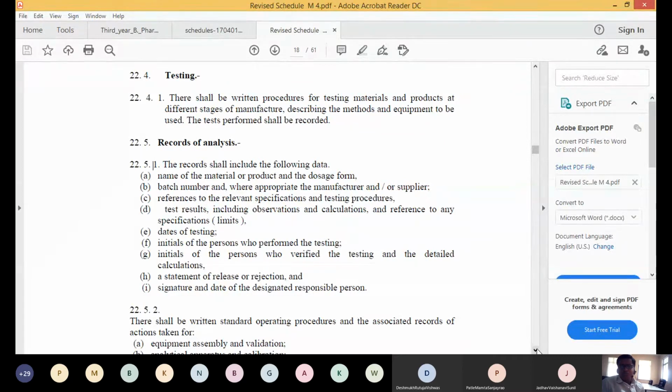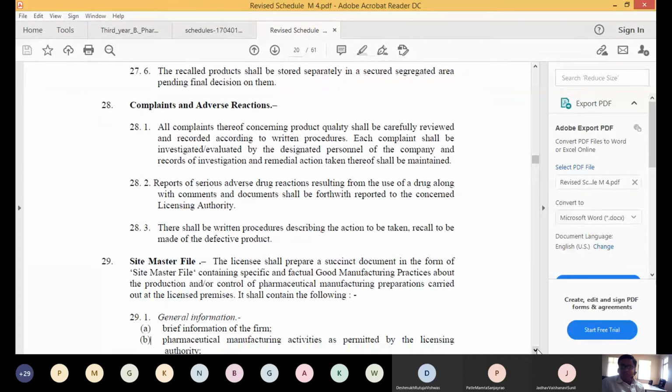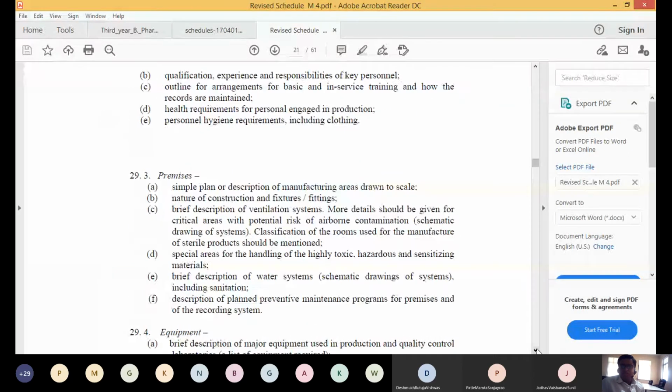How the record of analysis is kept. Then again, the reference samples, reprocessing and recoveries of samples, their validation and process, complaints and adverse reactions, the site master file, premises for that. We are going through the schedule.